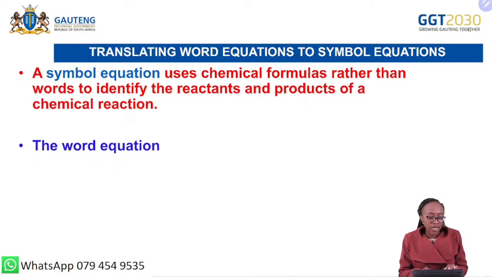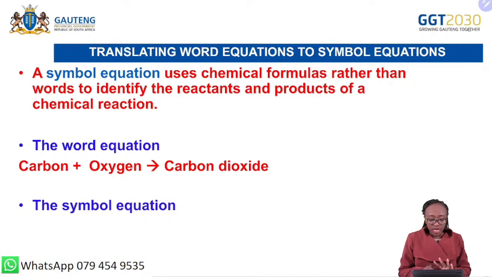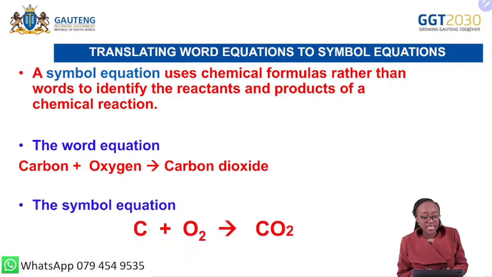So if the word equation is carbon reacts with oxygen to produce carbon dioxide, the symbol equation is going to be C plus O2 to yield CO2.